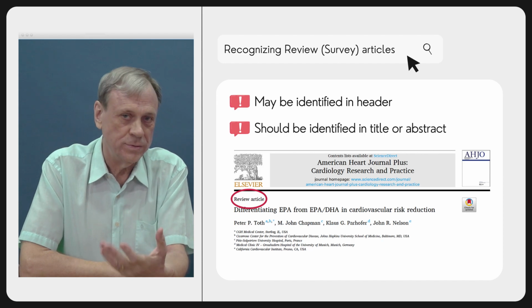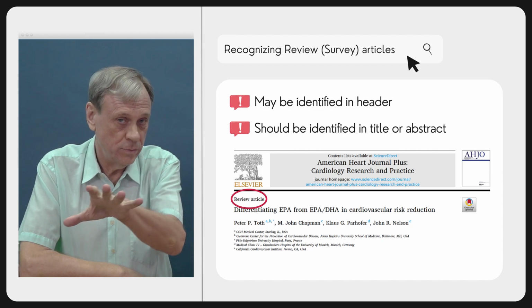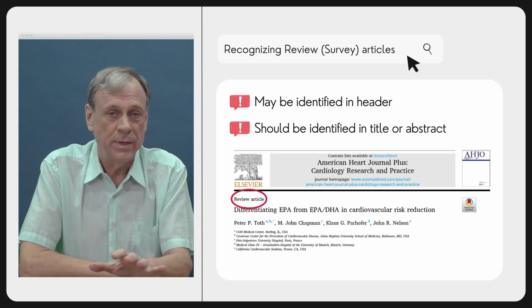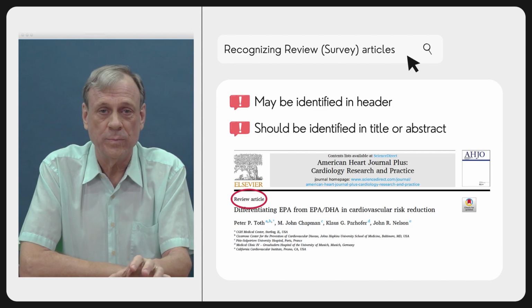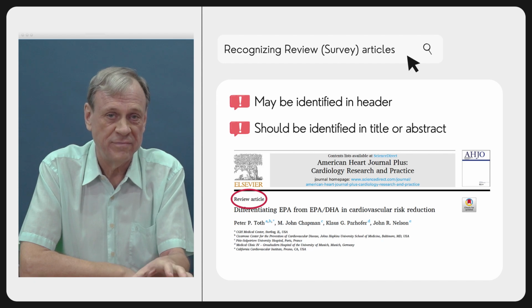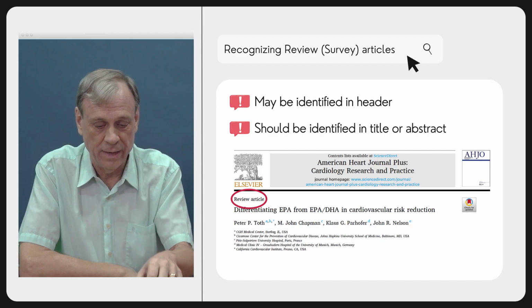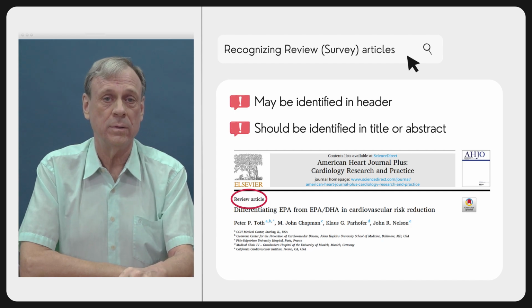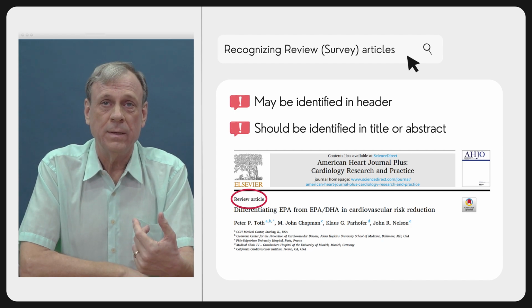So I prefer to use the term review article, even though sometimes the authors will call it a survey. But again, in many cases, this will be indicated on the PDF, either in the heading line or above the title with something that says review article, but it may not be.